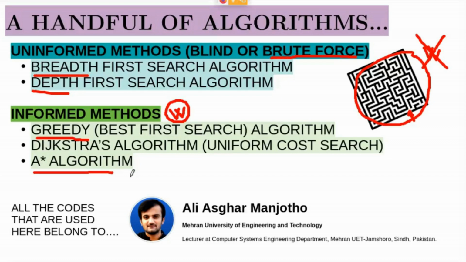Well, I need to make the reference that all the codes that I'm going to use here belong to this researcher, and I asked for his permission to use all the corresponding codes in my presentation and during my lectures.